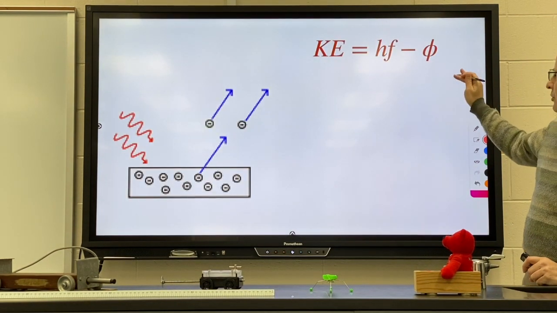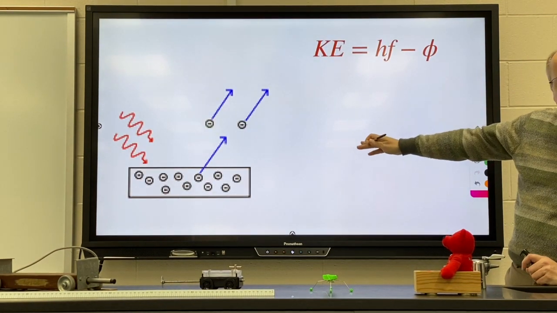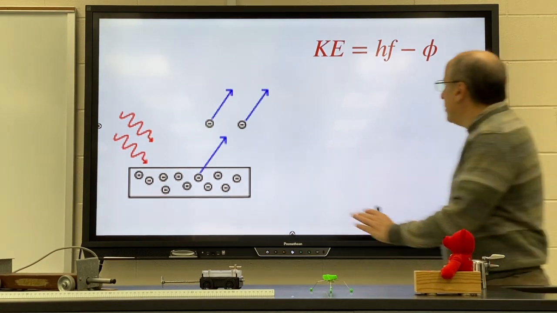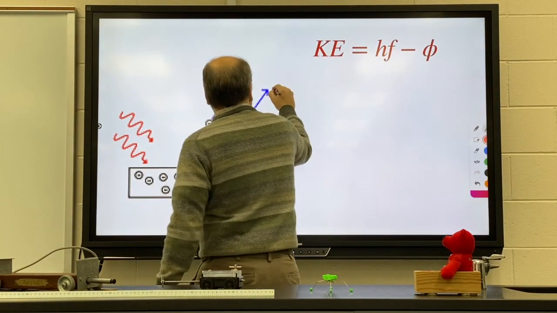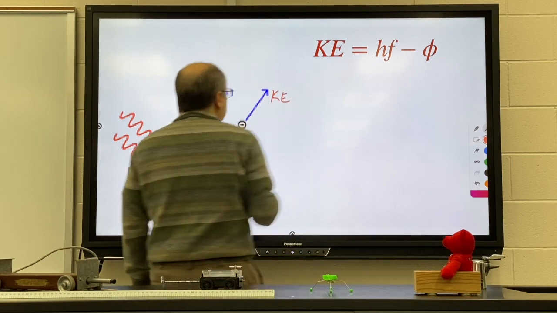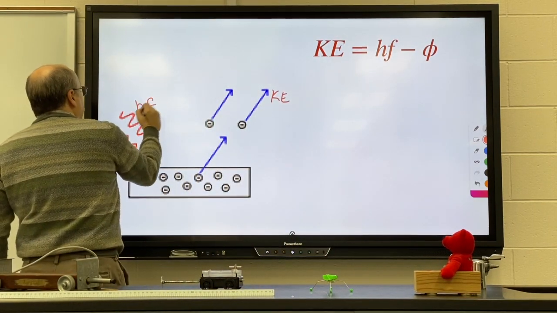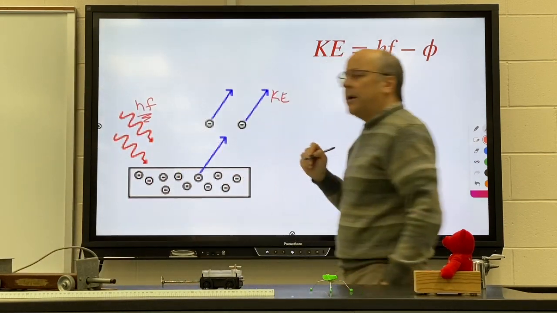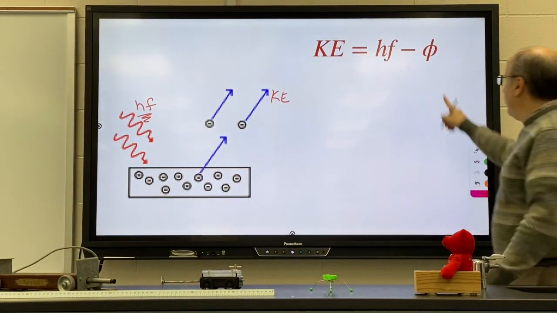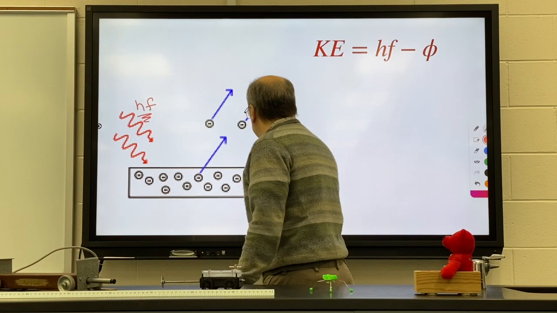Okay, so let's make sure you understand how the equation relates to our picture. So we have kinetic energy refers to the electrons. The hf turns out to be the energy of the light that is coming in. And this guy is determined by the metal.